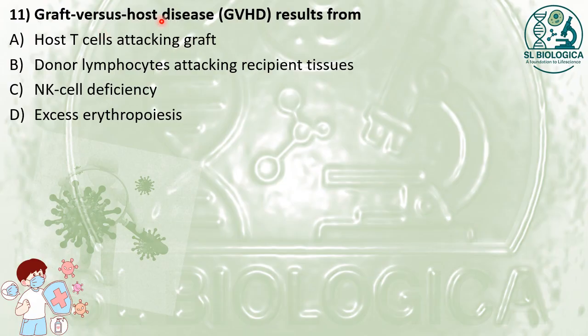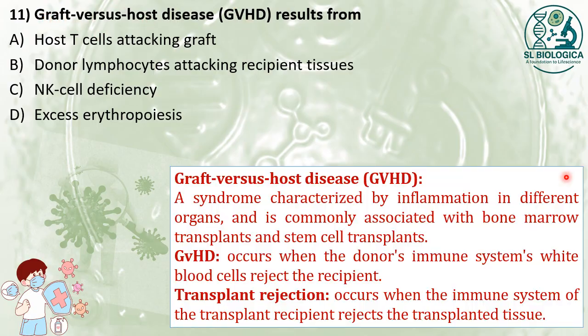Graft versus host disease, that is GVHD. The results from what? So that is the question. So before looking into the options, let's see what is graft versus host disease. You must have heard about transplantation, right? So it is something which is associated with this transplantation.